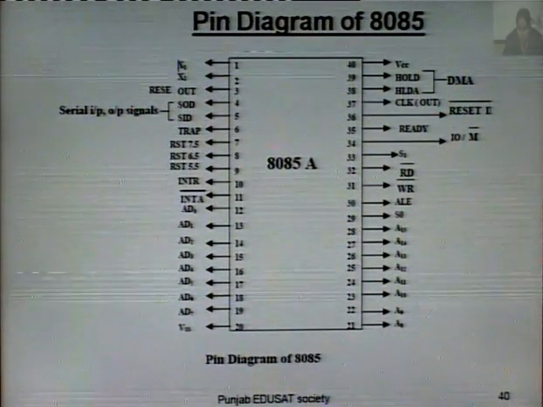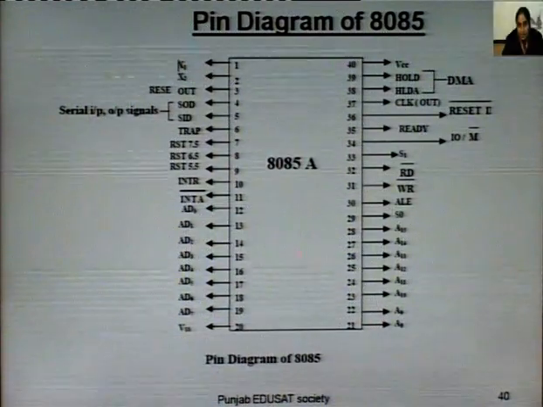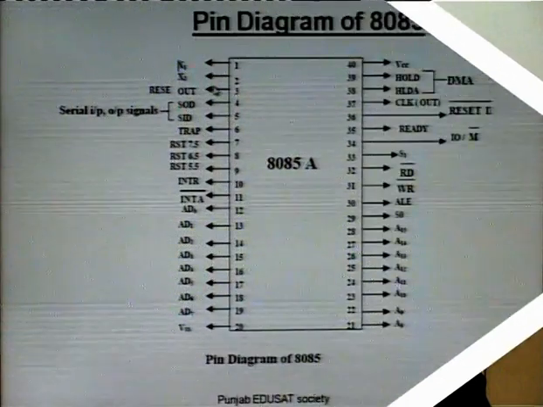Generally, a crystal oscillator of 6 MHz is attached to X1 and X2, but the operating frequency is 3 MHz because it is internally divided by 2.